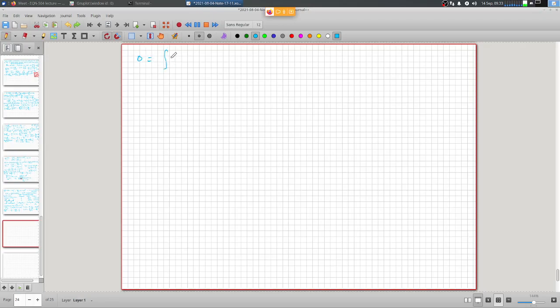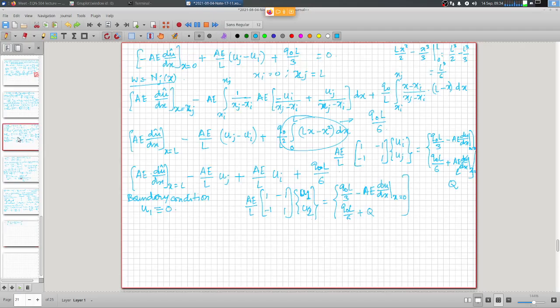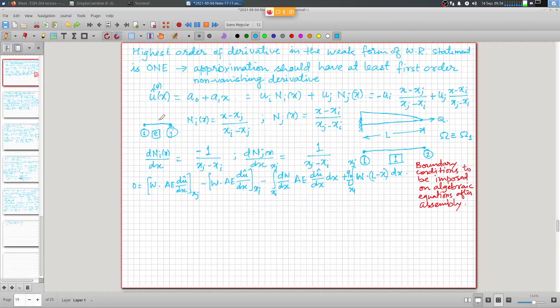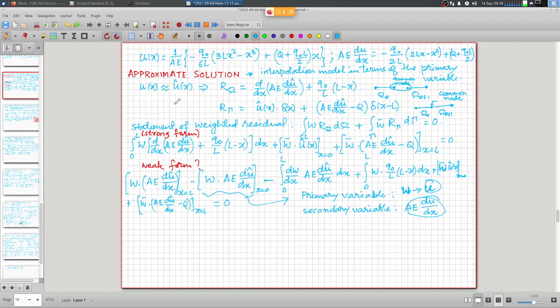0 is equal to integral from xi to xj of w d over dx of (AE du by dx), plus integral from xi to xj of w times q0 by L times (L minus x) dx.